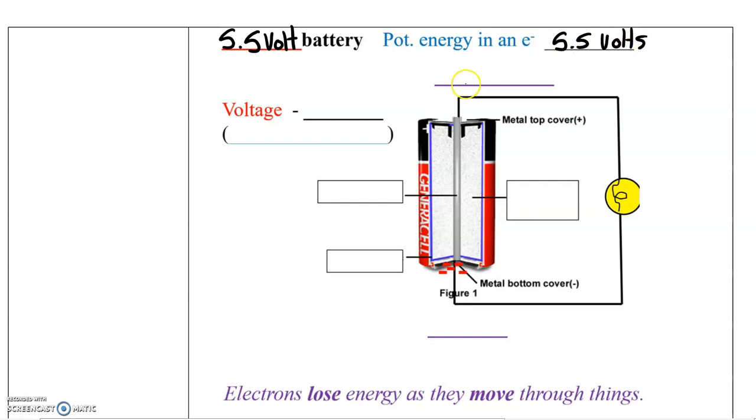So with voltage, we know that this is going to be 5.5 volts. And this right here is the electric potential difference.